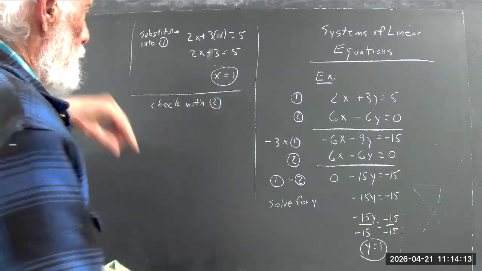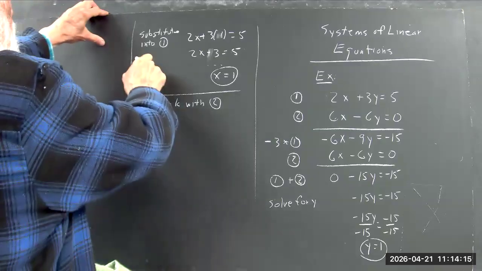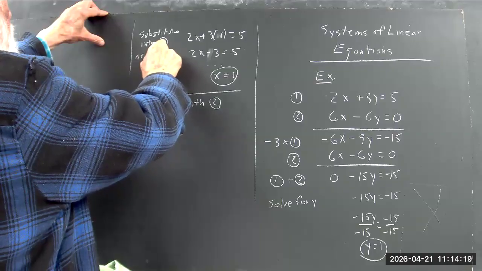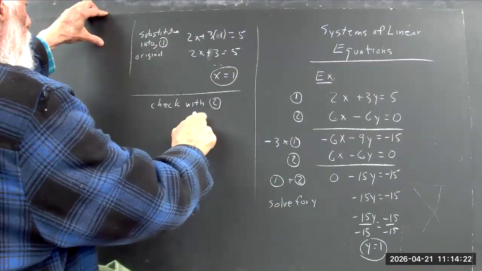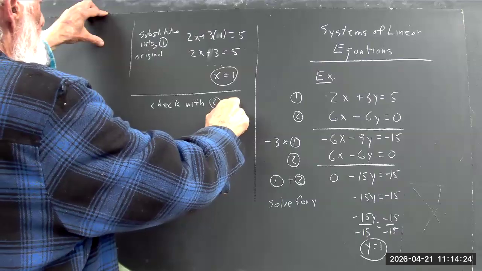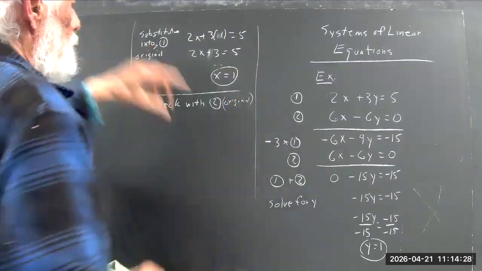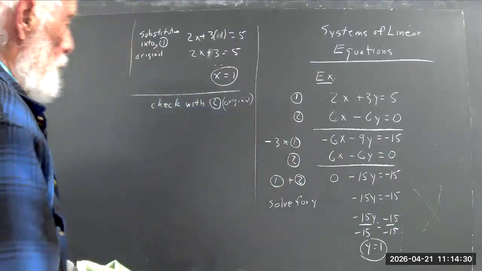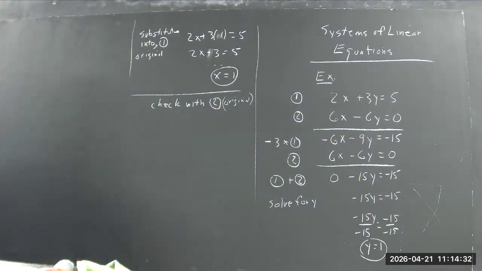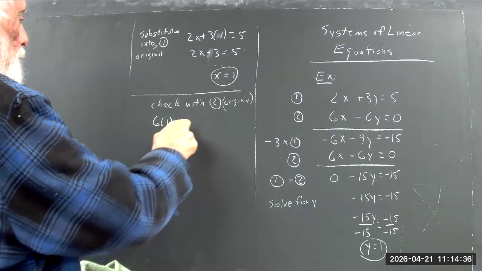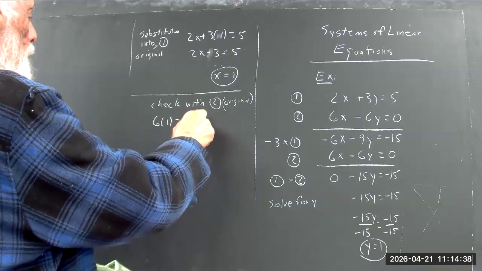with the original second equation, because the original equation is what we really have to satisfy. Well, we get x is 1, so we got 6 times 1, y is 1.